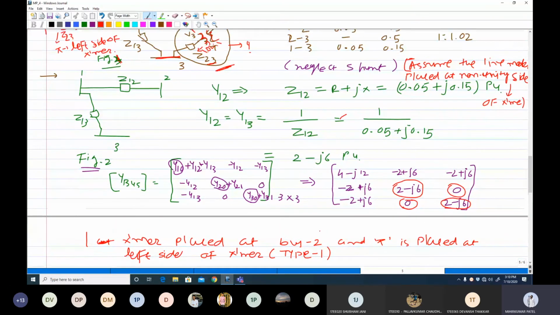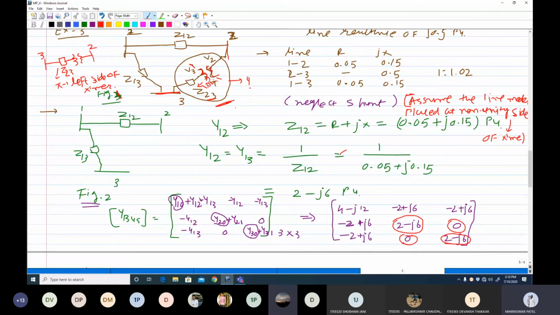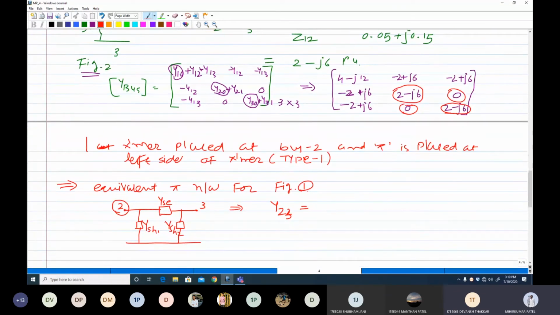See the data table. Value of Y23. 0. Why is it 0? No connection. There is a connection. Now we are considering the case where the transformer is placed between bus number 2 and 3. So there is the value R plus jX between bus number 2 and 3 with this transformer. Minus j0.5 is the value of Z12.